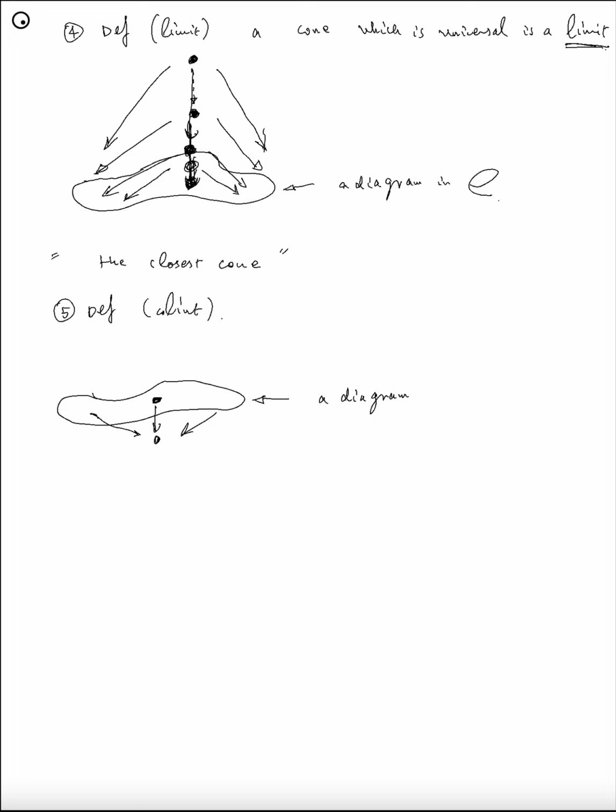A colimit is, so each vertex of your diagram has an arrow to this element of C such that every formed triangle commutes. And then it is universal, meaning that for any other cocone, it factorizes through it.